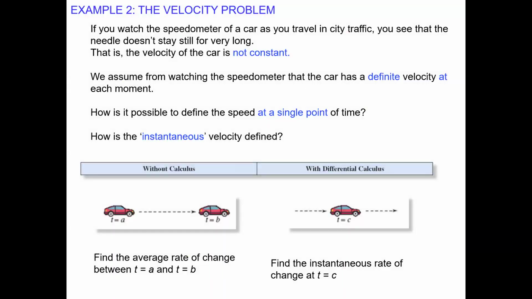Example number 2, velocity problem. We also know that finding the average velocity is not a problem. Speed is the absolute value of the velocity. Velocity could be positive or negative, depending on whether we're going forward or backwards. We can find it without calculus.